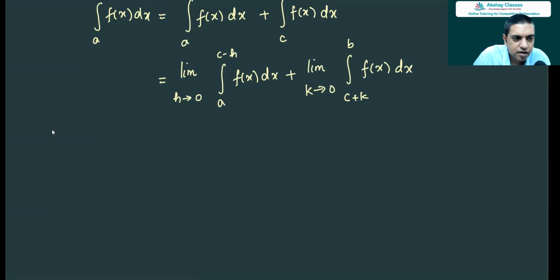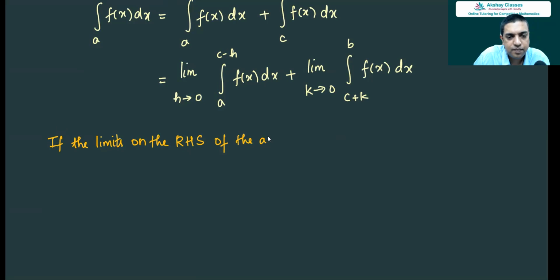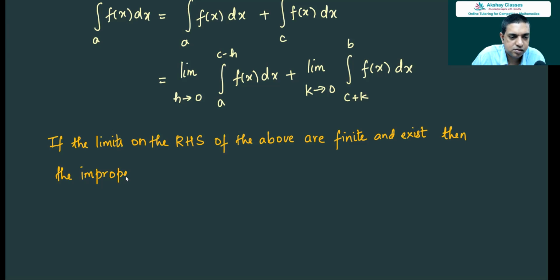Now, if the limits on the right hand side of the above are finite and exist, that means I have a single value, then the improper integrals are convergent.